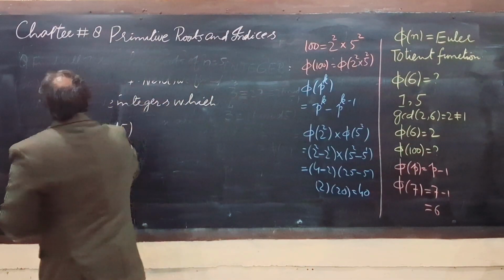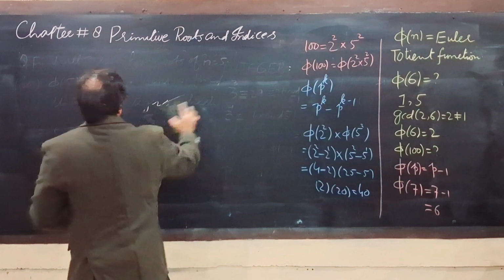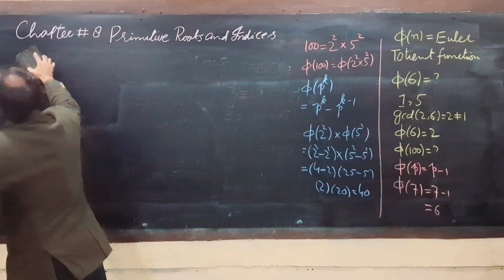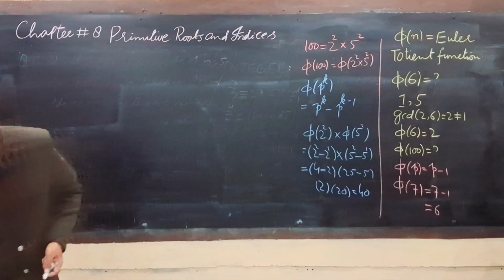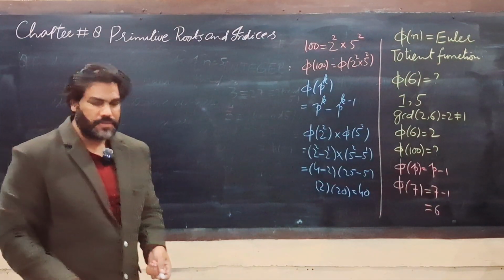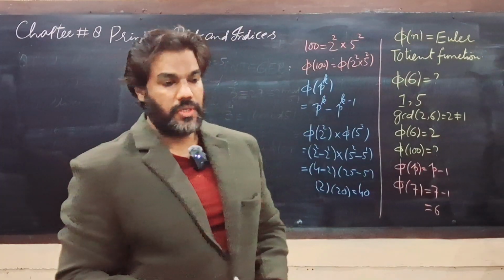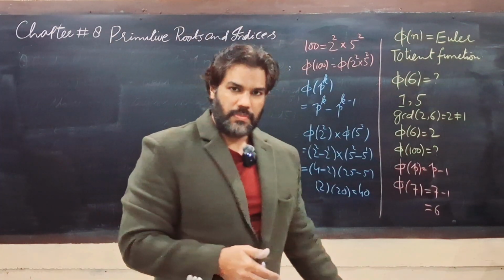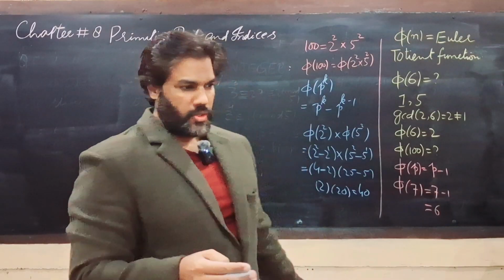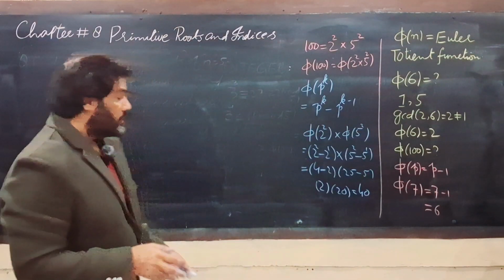From this example, you can observe that a positive integer n has more than one primitive roots. For example, when n is equal to 5, 2 and 3 both are the primitive roots of n is equal to 5.